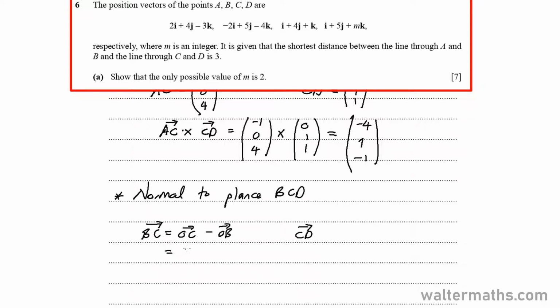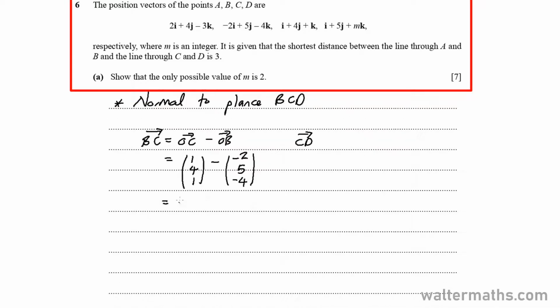Now OC is the vector 1, 4, 1, and minus OB is the vector minus 2, 5, and minus 4. So here we are supposed to get 3, minus 1, and 1 minus minus 4, that's 5.